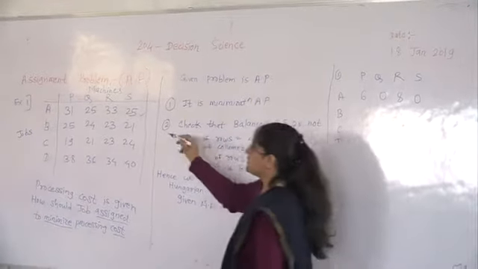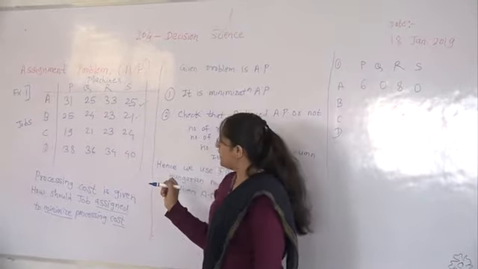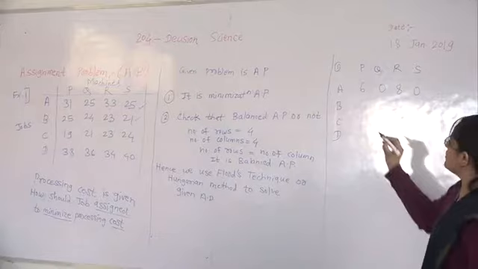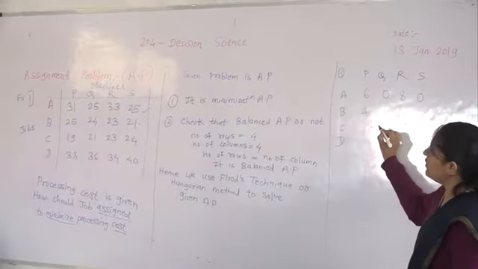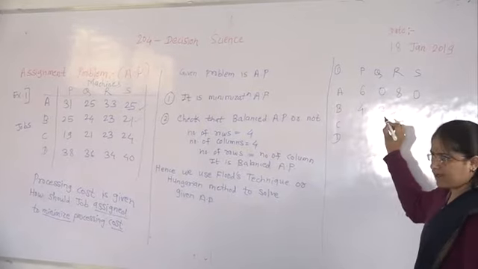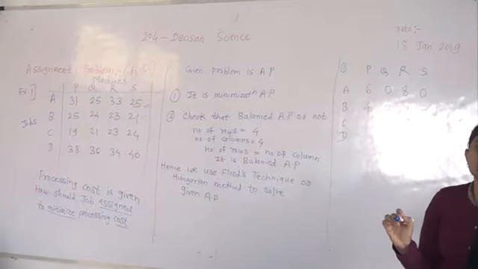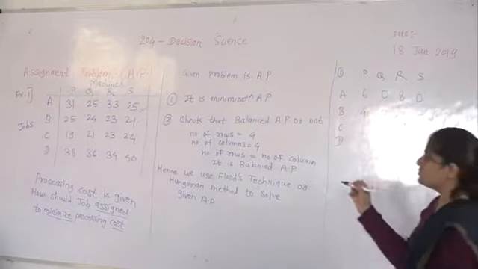Same, observe the second row. Which is the minimum element? 21. 25 minus 21 is 4, 24 minus 21 is 3, 23 minus 21 is 2, 21 minus 21 is 0.